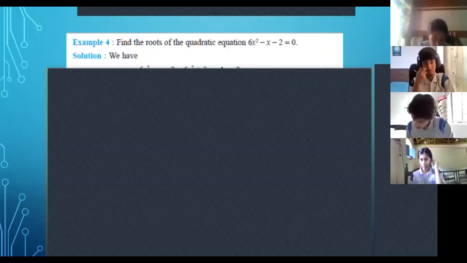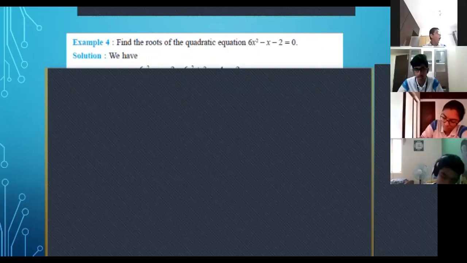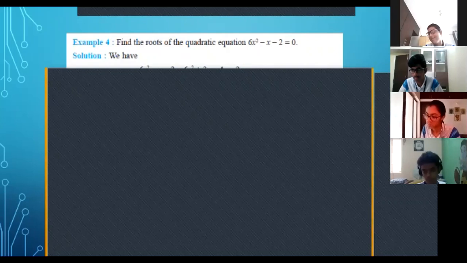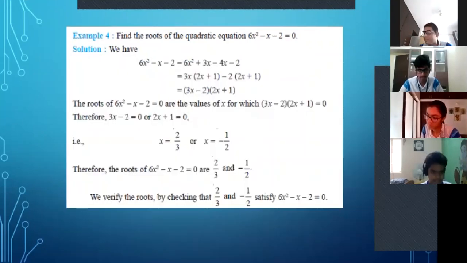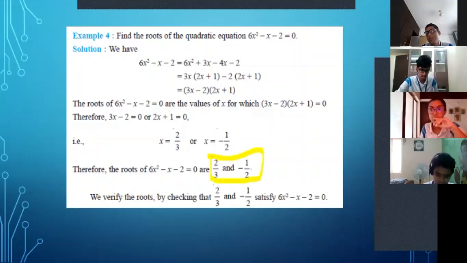Manasvi, are you there? Yes, ma'am. Reva, Samarth, have some water. Fine. So what is the answer? 2 by 3 and minus 1 by 2. 2 upon 3 and minus half.